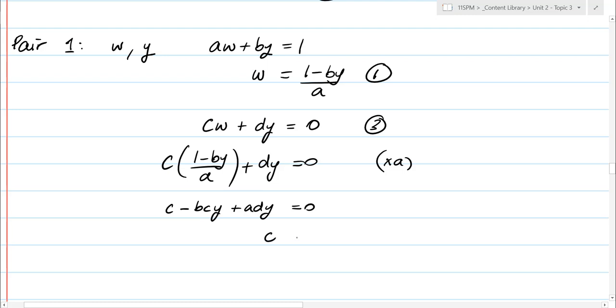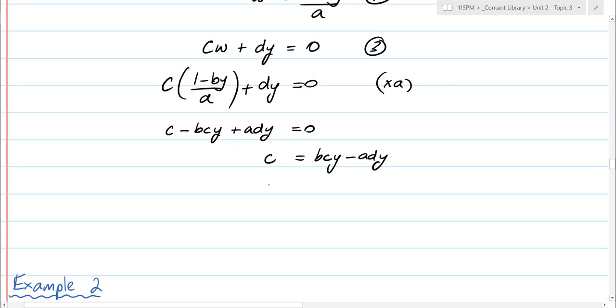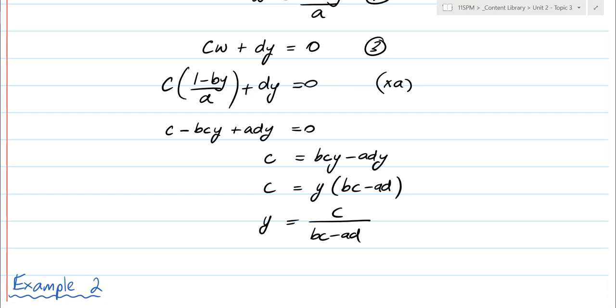And that means that C is equal to BCY minus ADY, which means that C is equal to Y times BC minus AD, which in turn means that Y is equal to C over BC minus AD. How's that look to everyone? Good. Cool. So we've got our Y value.